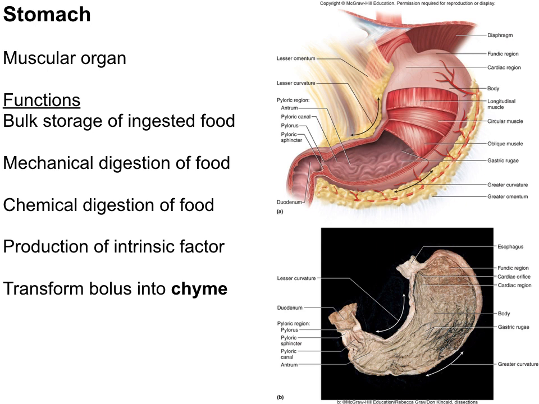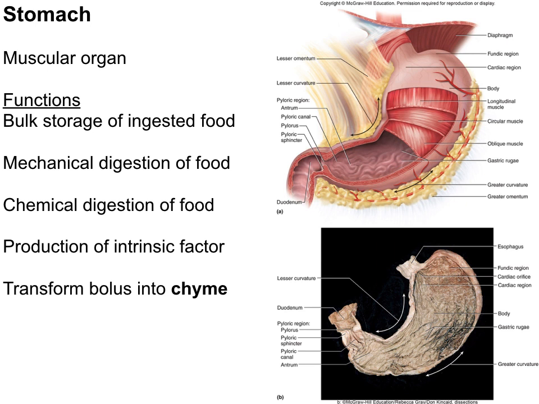In fact, it is unique from all of the structures of your digestive tract, the esophagus, the small intestine, the large intestine, in that your stomach has 3 layers of smooth muscle in its wall. The other portions of the digestive tract only have 2. So this is your most muscular GI tract organ, and it's going to have a variety of different functions.